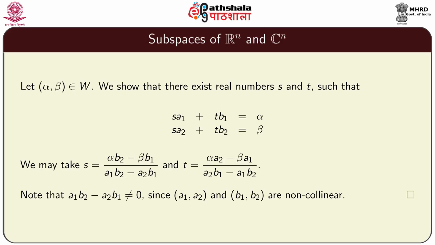So, we have solved this simultaneous equation for this choice of S and T, and therefore, we have proved that (alpha, beta), which was in W, actually belongs to this set S(A1, A2) plus T(B1, B2), where S and T belong to R.